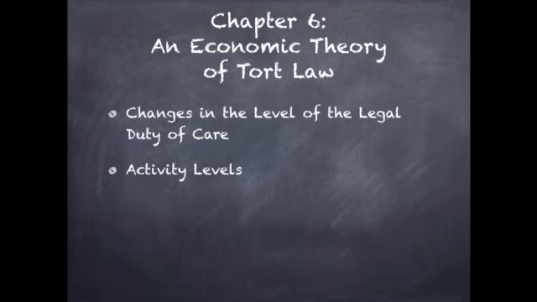So it's very difficult to include this notion of activity level when it comes to liability issues. Remember, we talked about efficiency, and the idea is that negligence does not take appropriate account of activity level effect, but strict liability does.